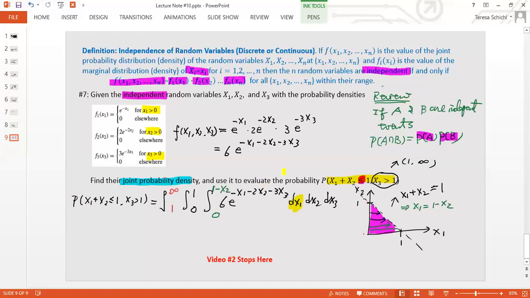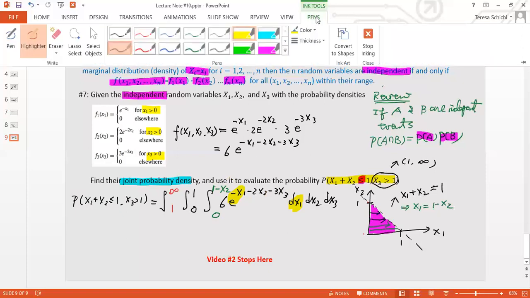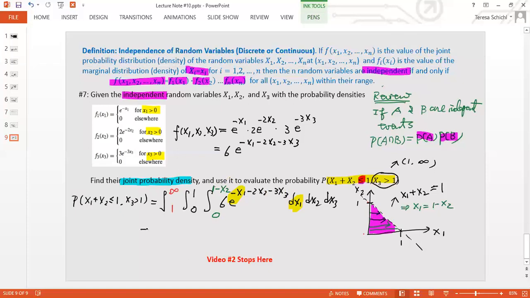So if you're doing x1, that means this is your only variable here, so all the others are constants. Then don't forget, after you integrate, you need to plug in 1 minus x2 as the variable. So in here, I'm just going to do one layer, and then you'll be able to do the remaining ones.